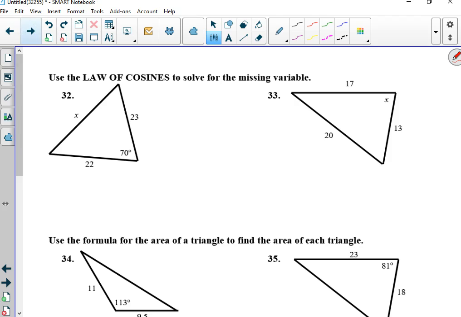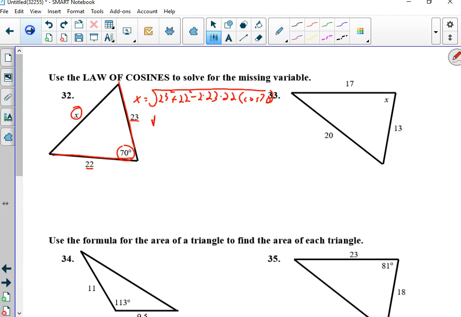Okay, 32, we're using the law of cosines. Notice here, we're solving for a side, which means we're going to use x equals. These are our reference numbers for the sides. Square root, big long square root: 23 squared plus 22 squared minus 2 times 23 times 22 times the cosine of this angle right here, the included angle between that side and that side.